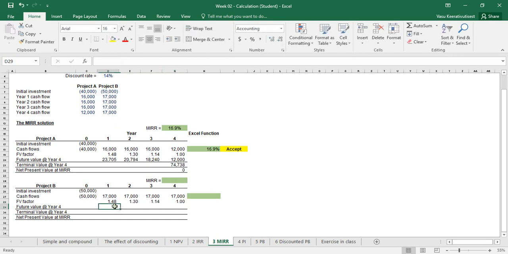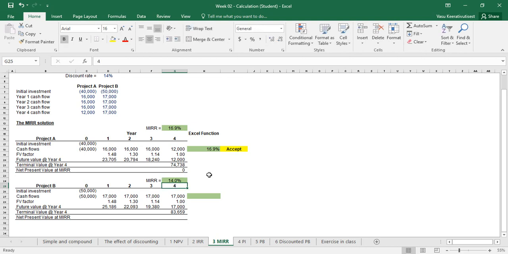Okay, so here's the future value of our cash flow, and here's your terminal value. I have to put a dummy percent first, so let's try 14% first.